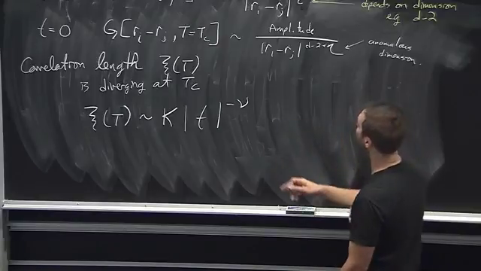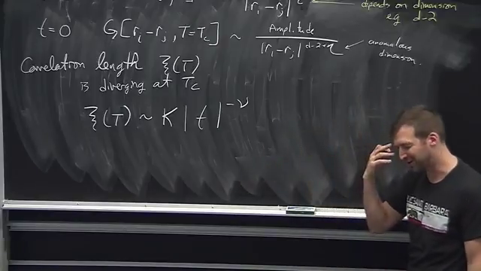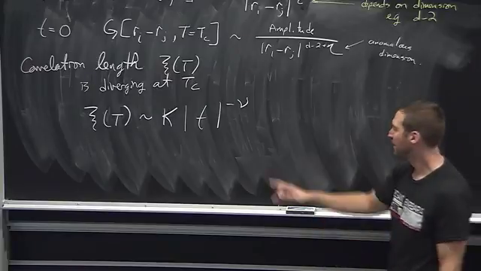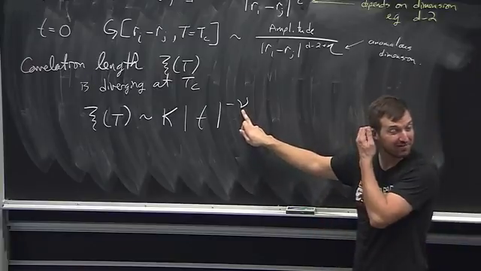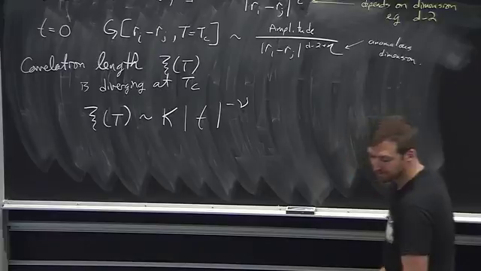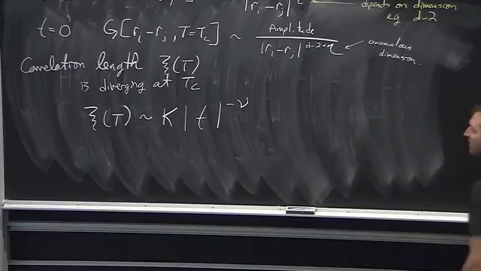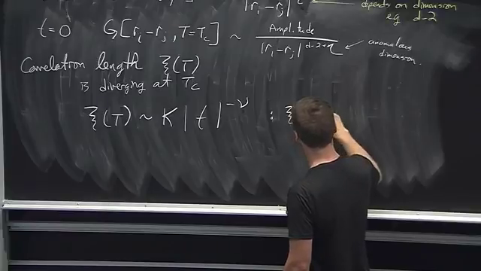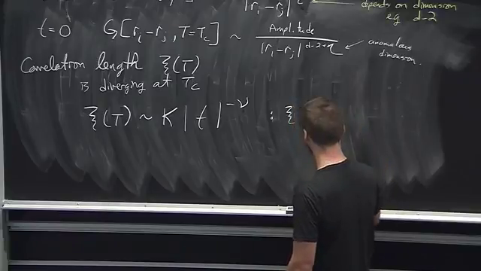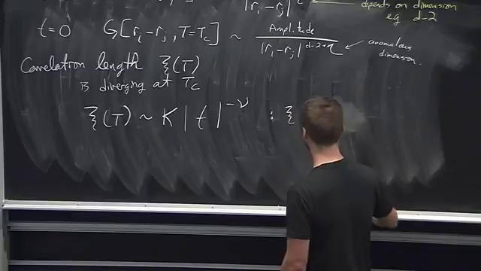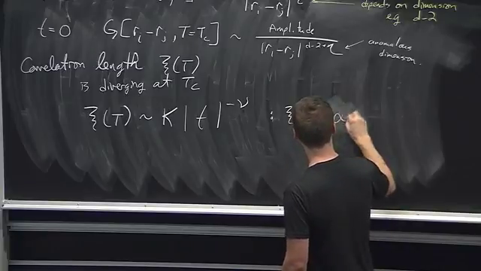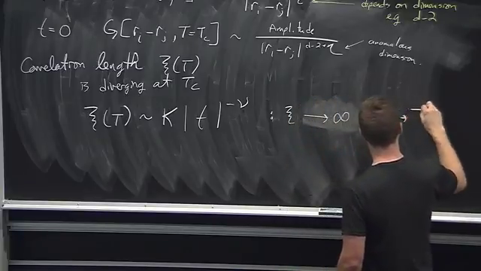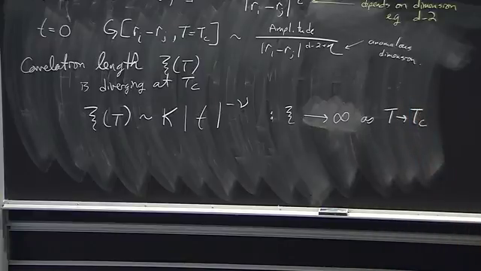So this is the definition of the correlation length; it isn't an exponent, it's a length scale. And this is the exponent associated with it, which is called nu. So, importantly, as the reduced temperature goes to 0, this correlation length diverges.